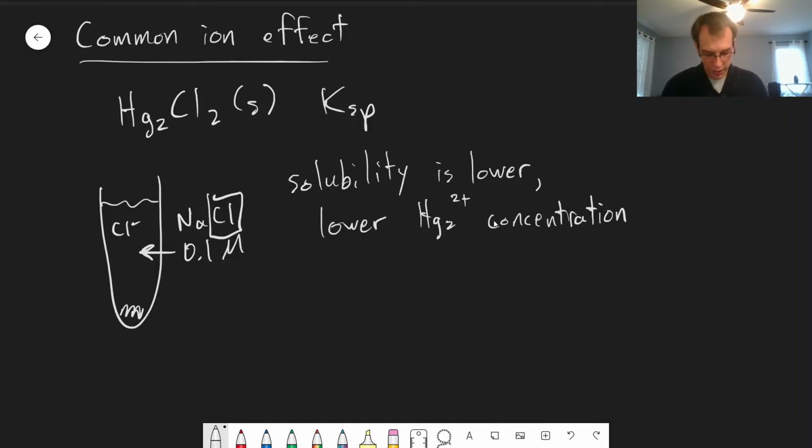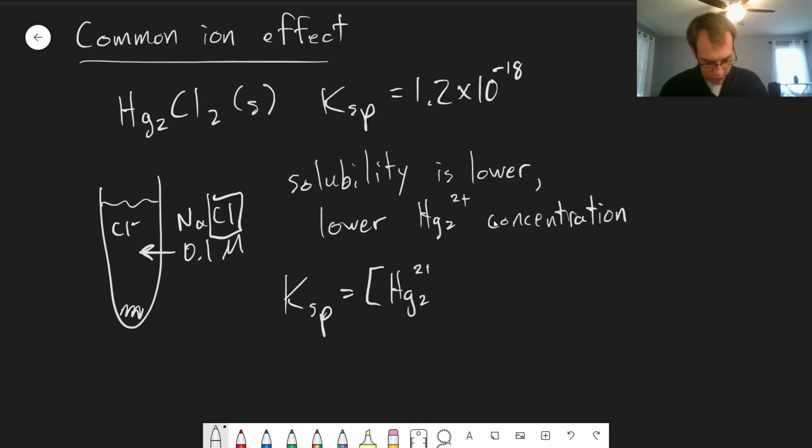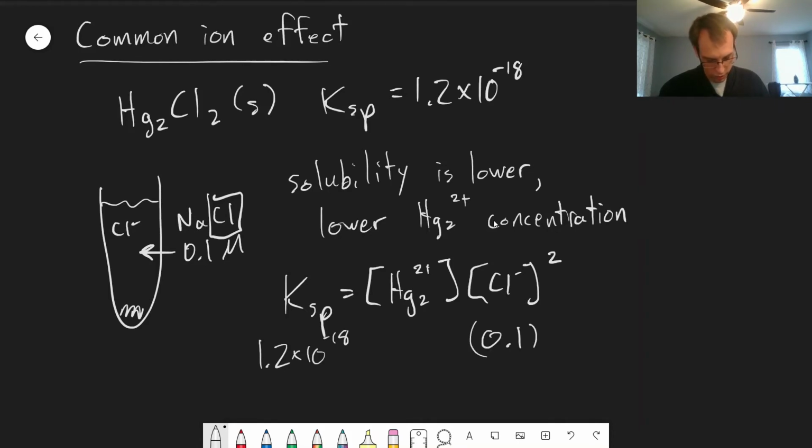So if we calculate KSP here, and we want to find the concentration of our mercury, we know that KSP is this value that I just wrote, but it is also this product of our concentrations here. Now, we already have chloride present. And what we can do is plug in the value of 0.1 molar that we already know is present for our chloride.